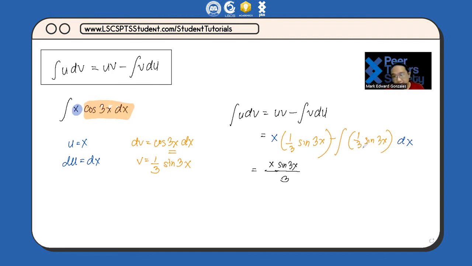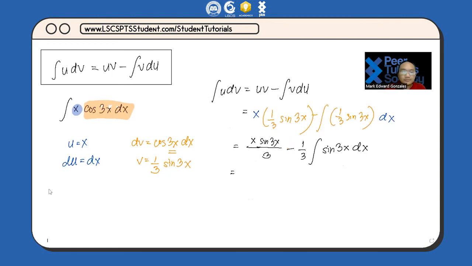Now, this one, let us recall that the integral of sine is actually negative cosine. Well, in any case, let's factor out 1/3 first, so we just have sine 3x over 3. Let's move our solution here.